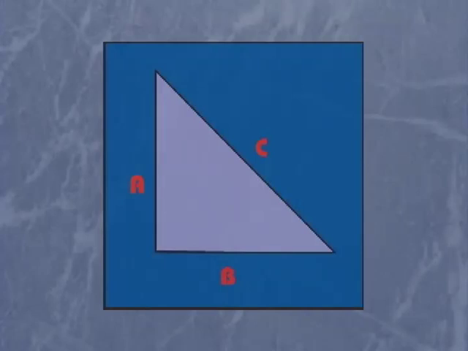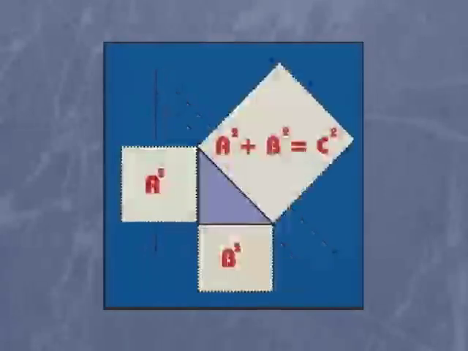And that theorem simply states that with a right triangle, if you take the two sides and square the dimension of each of those sides and add them together, it equals the square of the third side, or the long side, that is the hypotenuse. Or in terms of letters, A, one leg squared, plus B, the other leg squared, equals C, the hypotenuse squared.